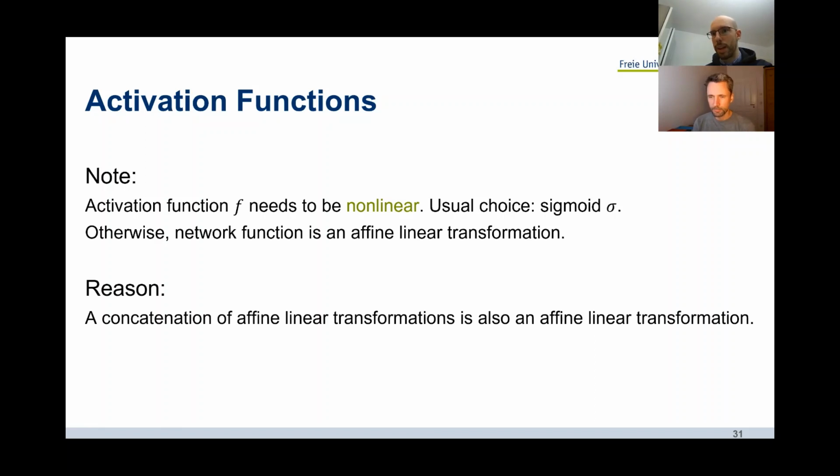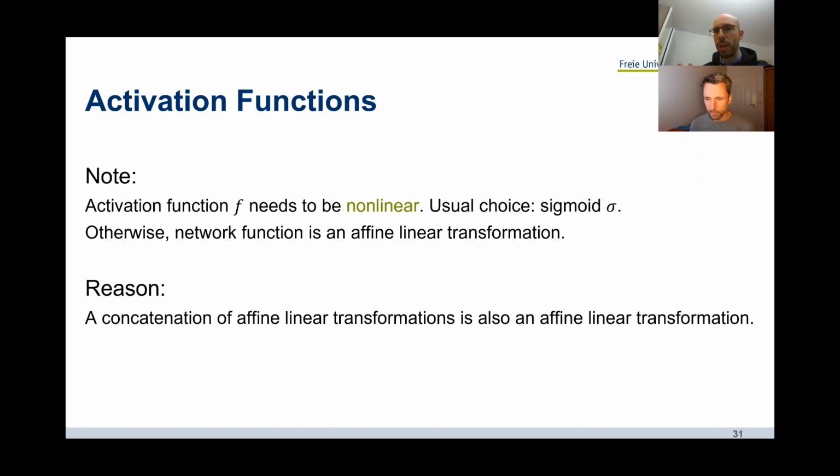A typical choice will be to use the sigmoid function instead of the Heaviside step function. And particularly if you work with more advanced architectures like CNNs, there's also a bunch of other activation functions such as ReLUs that you can use, but I don't want to dig too deeply into that aspect.